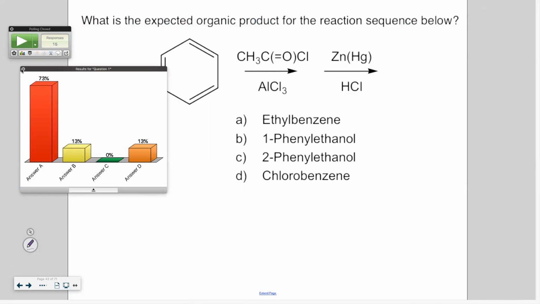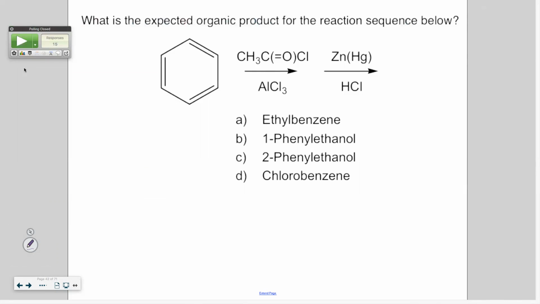Okay, so what happens in the first step? What is the piece that's in here? What do you get? Here's your clue. So what do we get? What would you name that?